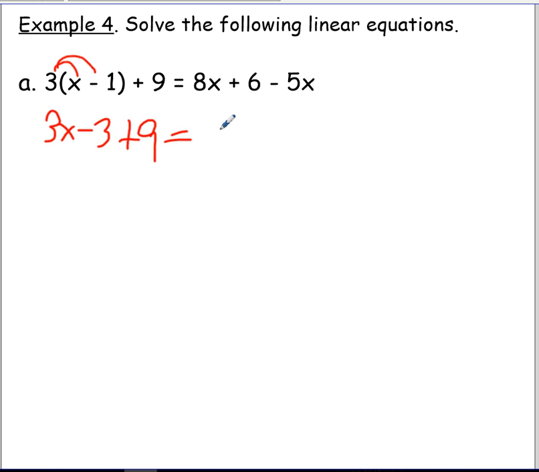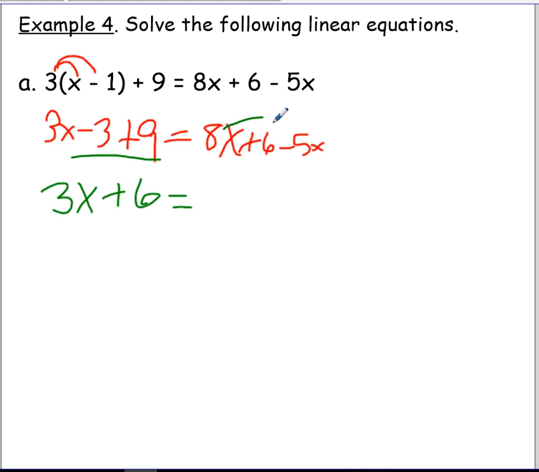And again, I'm just going to copy that right-hand side for now. 8x plus 6 minus 5x. Combine like terms here. We'll get 3x plus 6. And here, 8 minus 5 is 3, so we'll get 3x plus 6 as well.